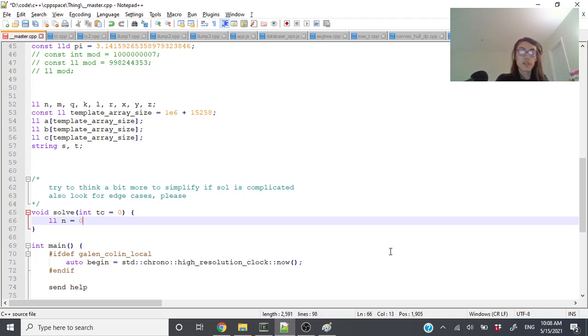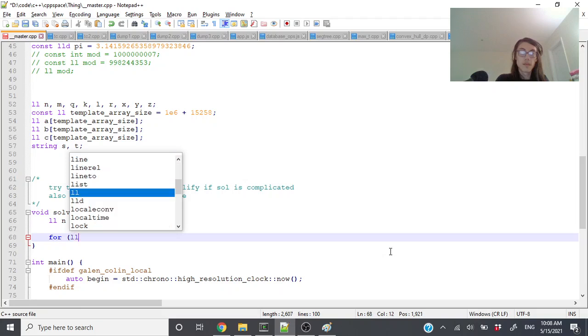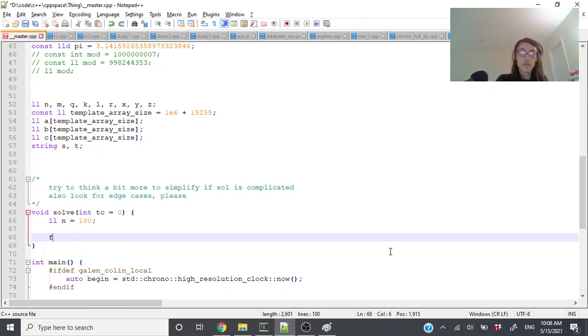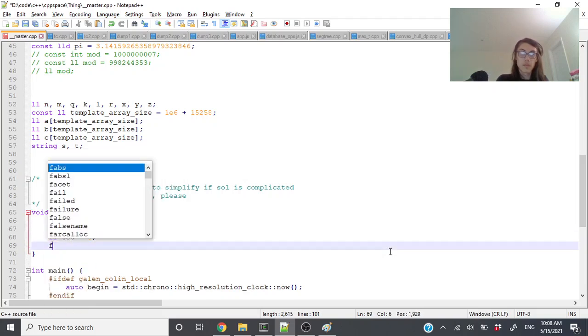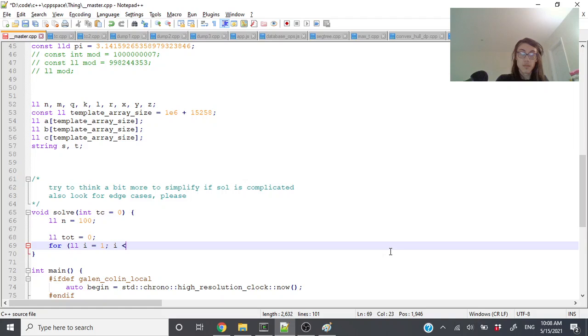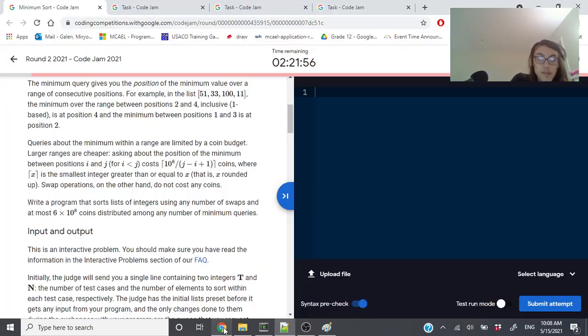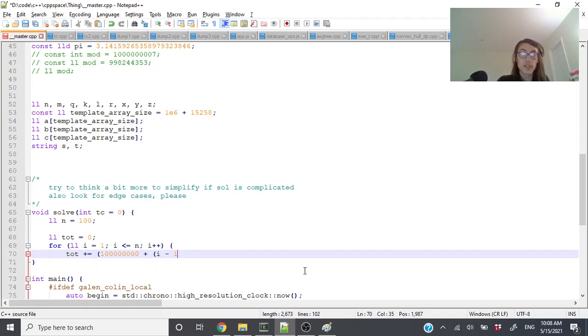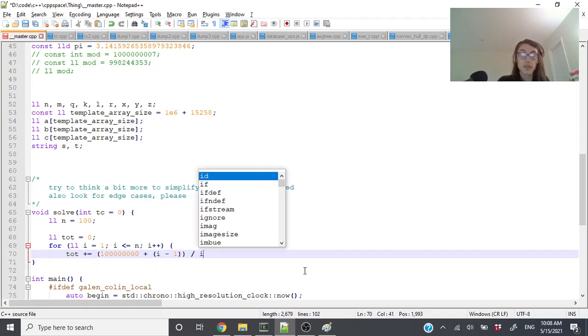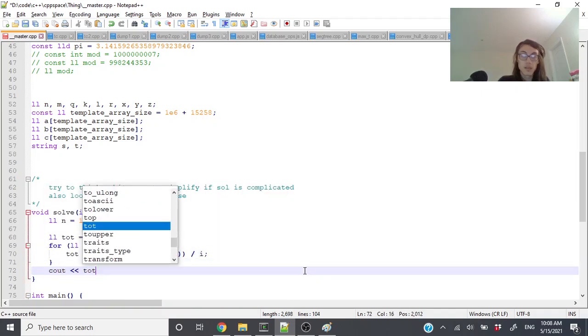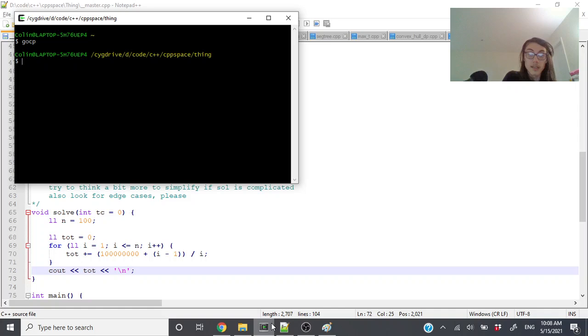actually, how much is it? So it's 10 to the 8th plus 10 to the 8th divided by the length. So we do ceiling, so we add I minus 1 over I. And how much is that?